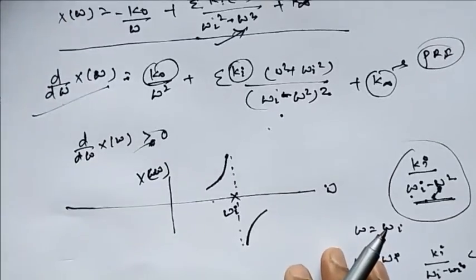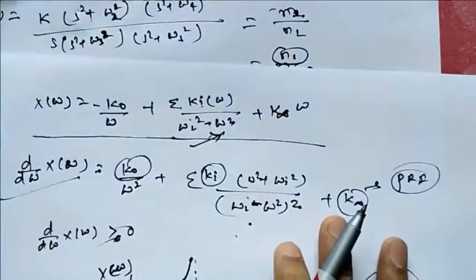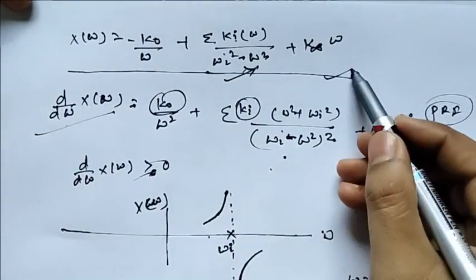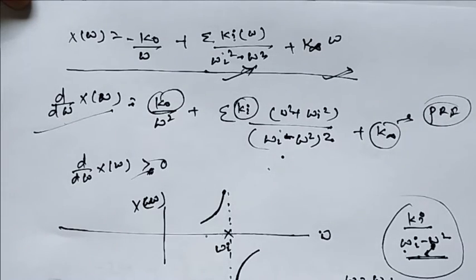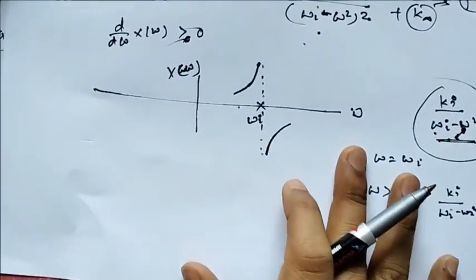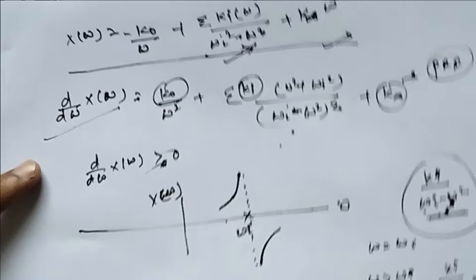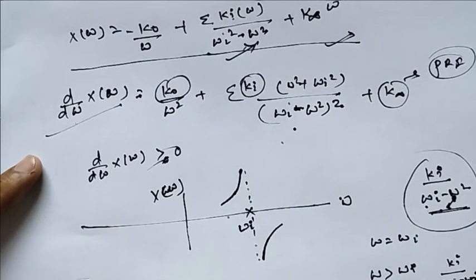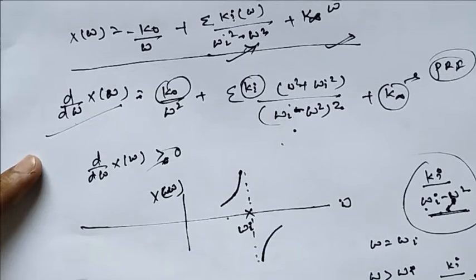Now if you want to plot this whole curve, how do we plot this function? In the first case I am taking the pole at infinity and the pole at 0.